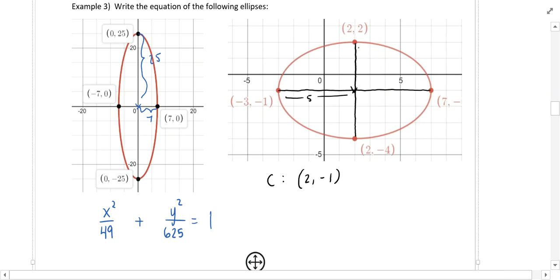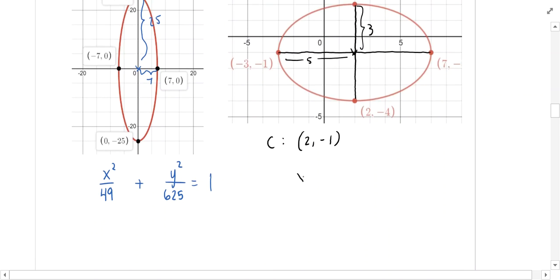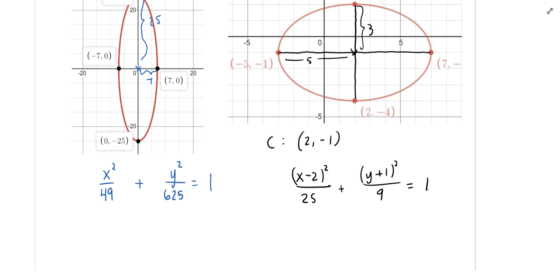Okay, and I am headed 3 this way. So when I set up my equation, I'm going to have x minus 2 squared over 5 squared, which is 25, and y minus negative 1, so that'll be a plus 1 squared, over 3 squared, which is 9. And both of these equations you could toss into Desmos and see if it actually comes out as the graph, but it should.